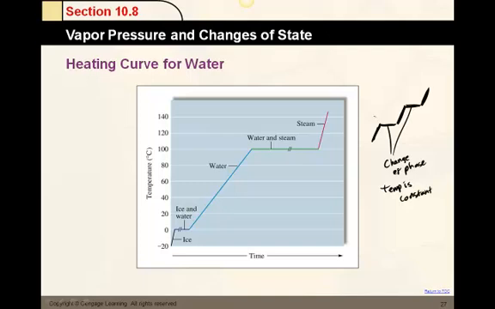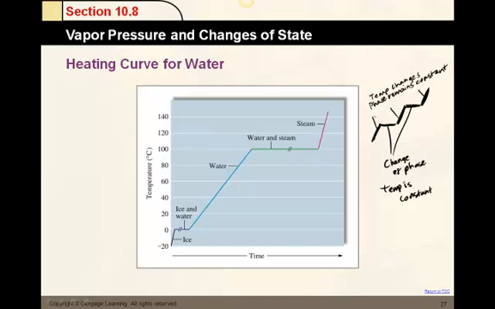During the phase change, the temperature doesn't change because the added energy goes into overcoming the attractive forces to become another phase of matter. The other 3 segments, these slanty regions right here, are temperature changes, and the phase remains constant. So either you have a temperature change or a phase change, but you can't have both at the same time.